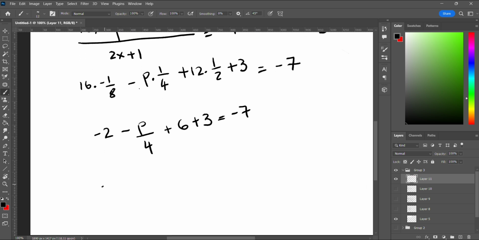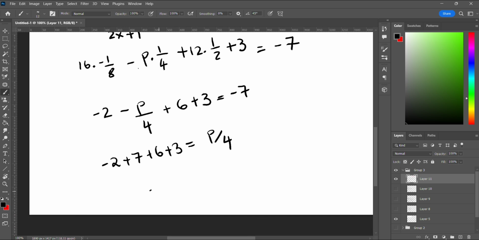Let's not use a calculator, how about that? Minus 2 plus 7 plus 6 plus 3 equals p over 4, and p over 4 equals 14.